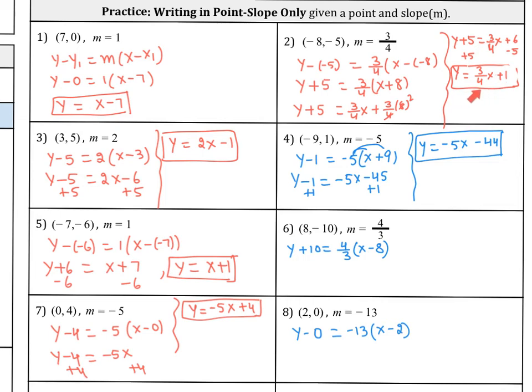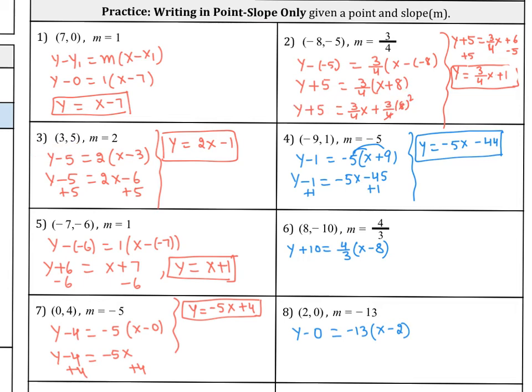Remember, this is slope-intercept form. In the question, it didn't ask me to write the slope-intercept form, but anytime it asks me to write in slope-intercept form, these are the steps I'm going to do and have the y by itself. If it tells me write only point slope form, then I will stop here.